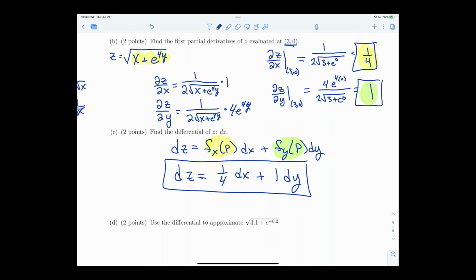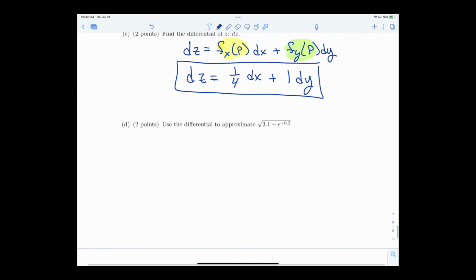Okay, now what is the point of that? Well, we can use it to approximate things. These are differentials, but you can think of it as a delta z, the change in z, being approximately equal to 1/4 times the change in x plus the change in y.